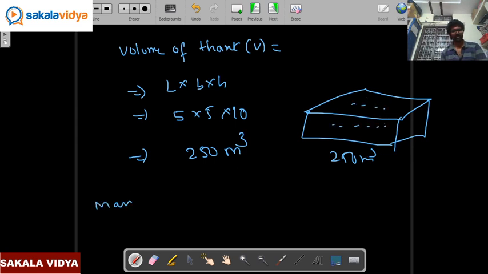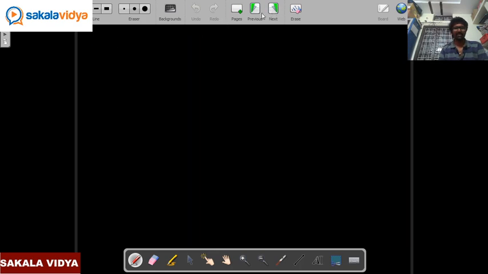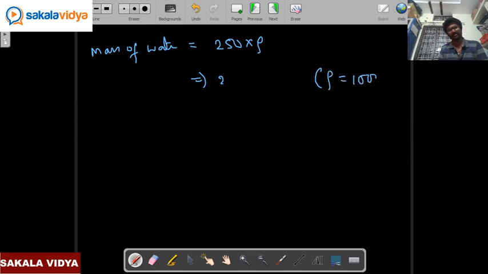So the mass of the water is equal to volume of tank into density of water. Which means mass of water is equal to 250 into rho, where rho is the density of water. The density of water is 1000.